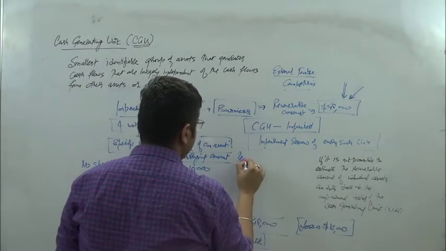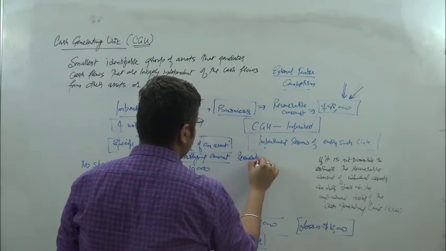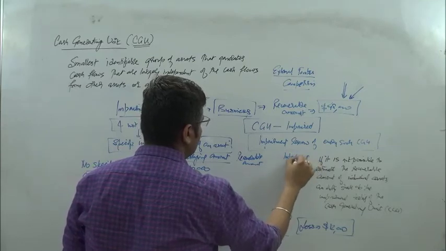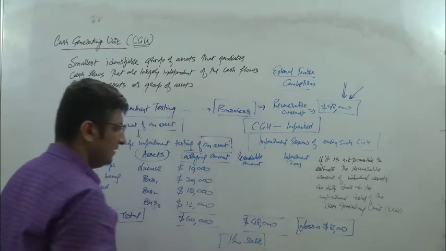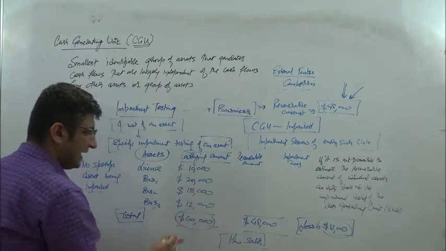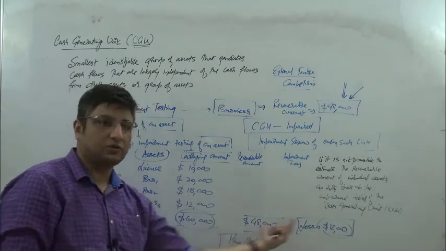So I have a recoverable amount, which is the balancing figure. So I'm looking at my impairment loss now, right? Straightforward, 12,000 is the loss, 60,000 the carrying value, so 20% is the loss burden.